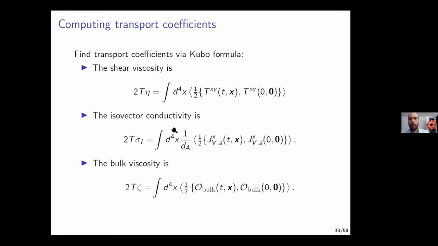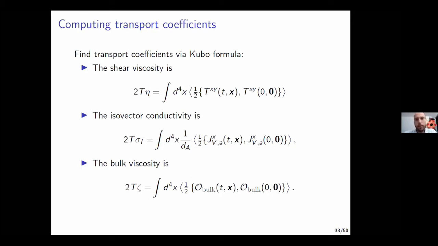The isovector conductivity is also just the anti-commutator of the isovector current in the X direction. And the bulk viscosity, which I'll talk about in more detail later, is given by a product of these O bulks, this particular operator.